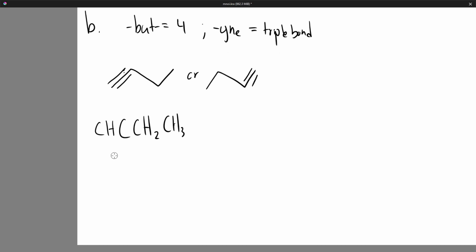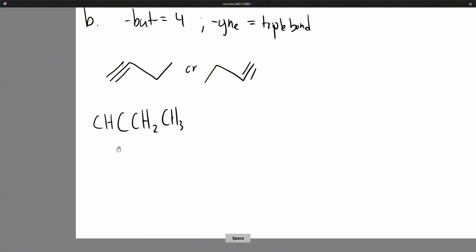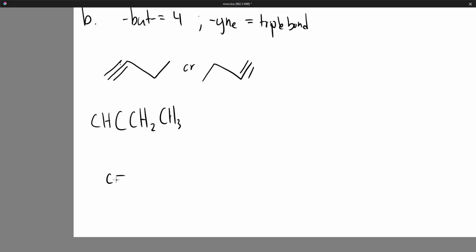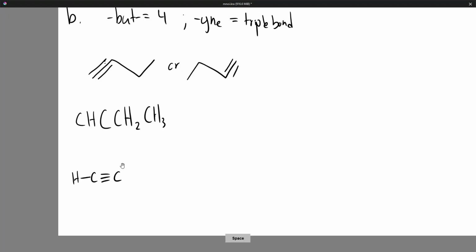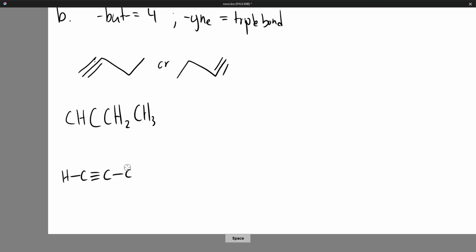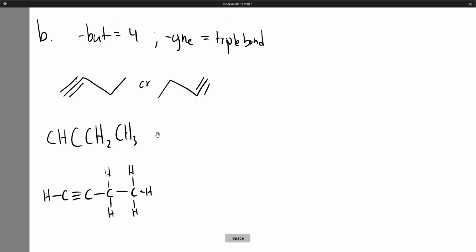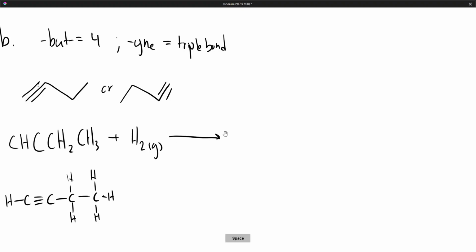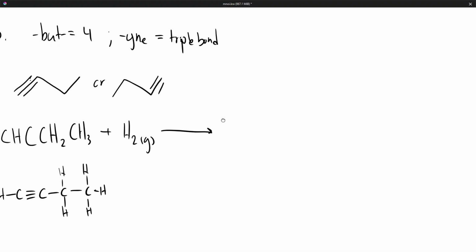I'm pretty sure. Let's write this as a Lewis dot structure. So it's C with a triple bond to another CH. Then this is bonded to another CH2. This is finally bonded to CH3. Yeah, that's good. Okay, so this reacts with hydrogen gas to form 1-butene.